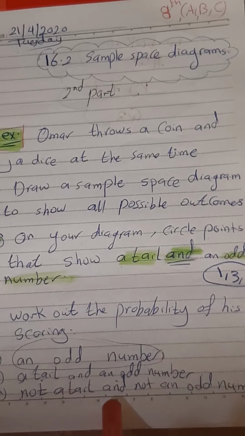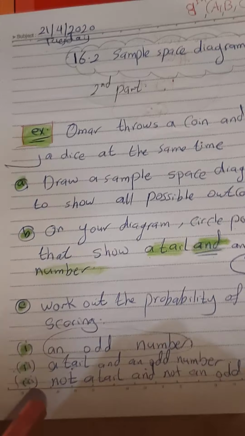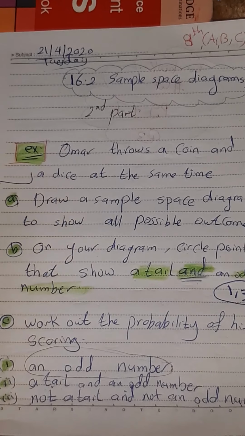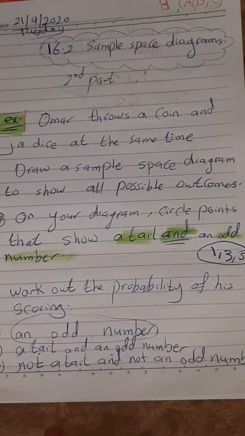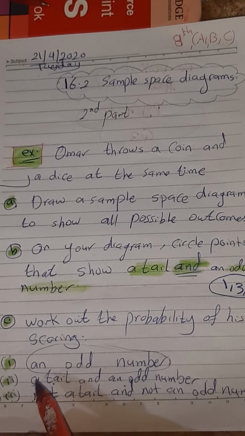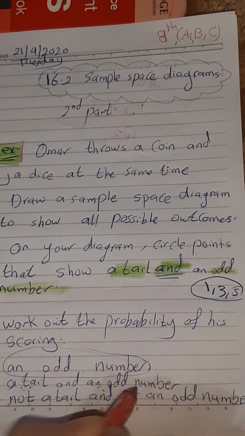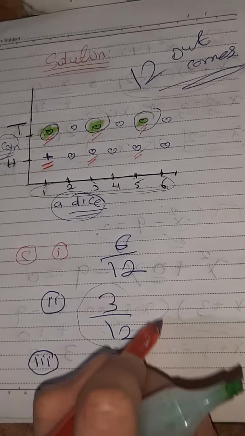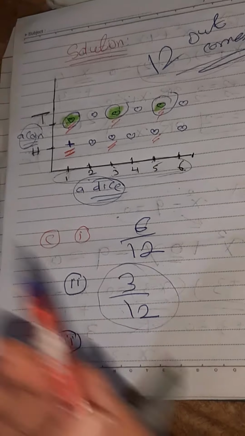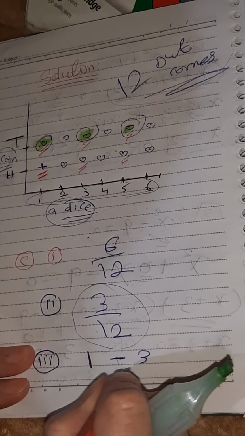The last one here: not a tail and an odd number. We took a rule. If you have the probability that something will happen, the probability that something will not happen is 1 minus that probability. I'll use the previous one. A tail and an odd number, we found that the probability is 3 out of 12. Now we want not tail and odd. It is 1 minus 3 out of 12.